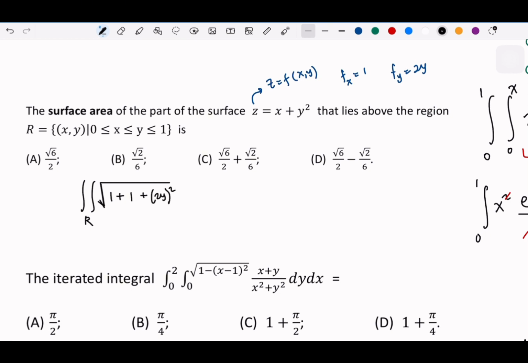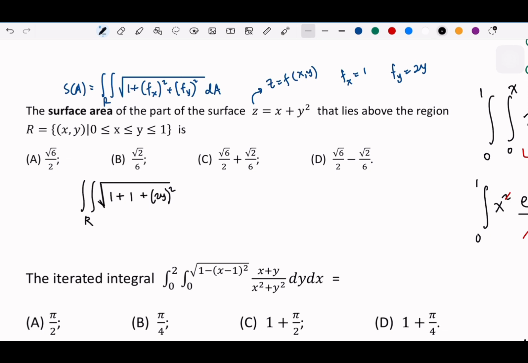Or let me write the original formula: 1 plus partial x squared plus partial y squared, dA.